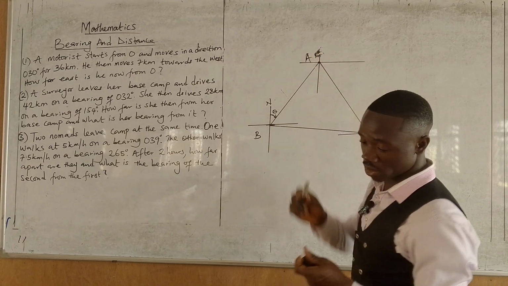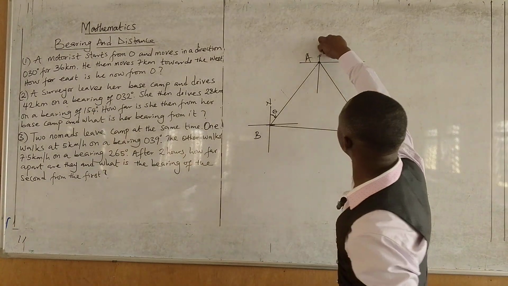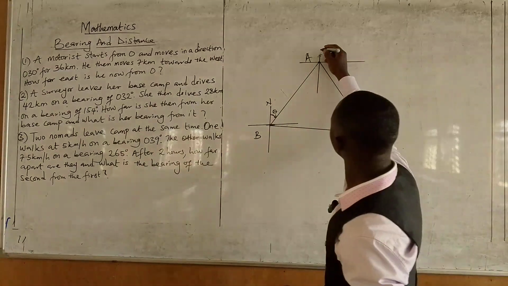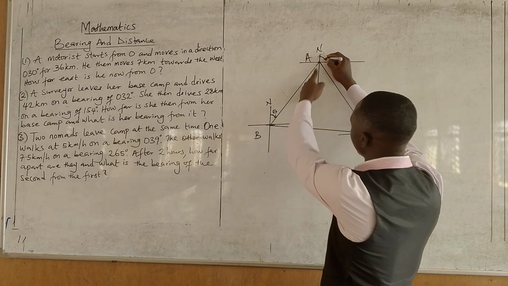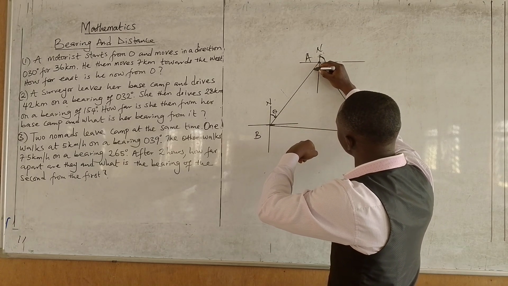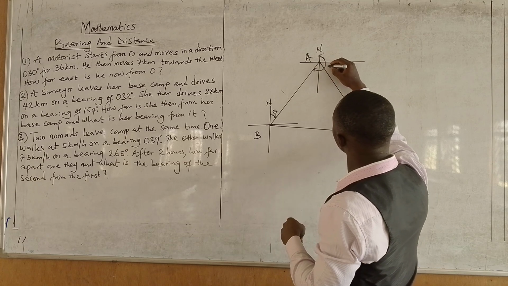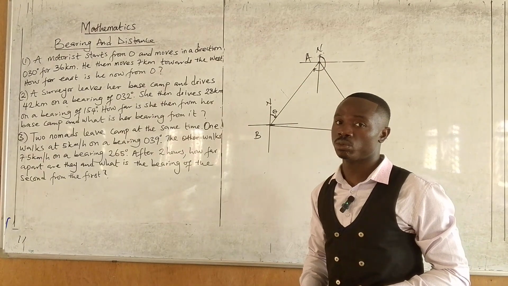Then, how do you turn? You turn in the clockwise direction from the north. See my target, this line is my target. I will turn in the clockwise direction until I reach this place. So the whole of this angle here is the bearing of B from A.